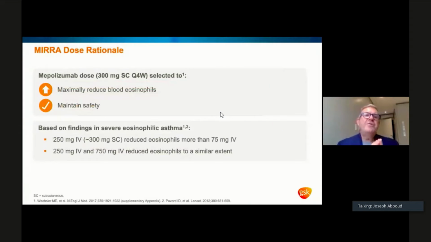So, the rationale for the use of mepolizumab 300 in this population: mepolizumab is approved in the treatment of severe asthma at a dose of 100 milligrams.